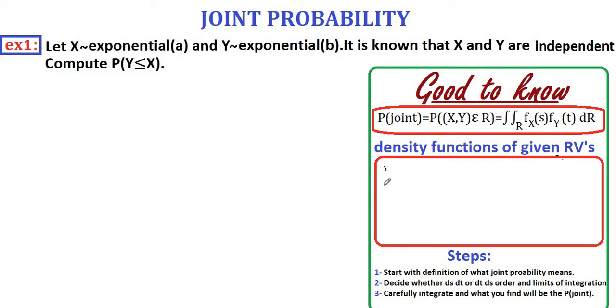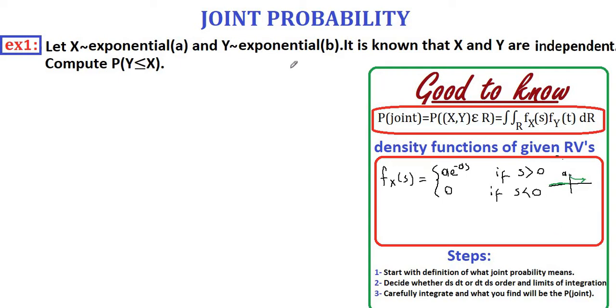So in our case, fx of s with parameter a will be a e to the negative as if s is greater than 0 and 0 if s is less than 0. And the graph of our density function will be 0 up to 0, and greater than 0 will be some decaying function with the top point a.